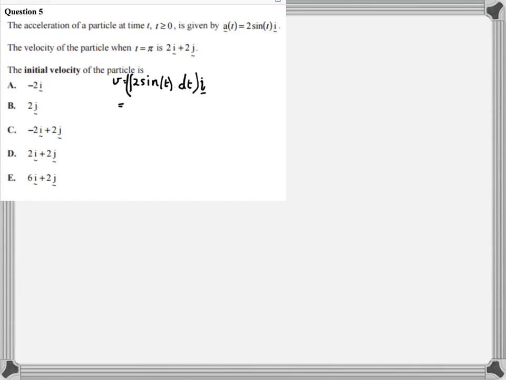And when we carry out that integration, we are going to end up with integration constants. We also have to consider that when we integrate, we're not just integrating in the I component, we're also integrating in the J component.